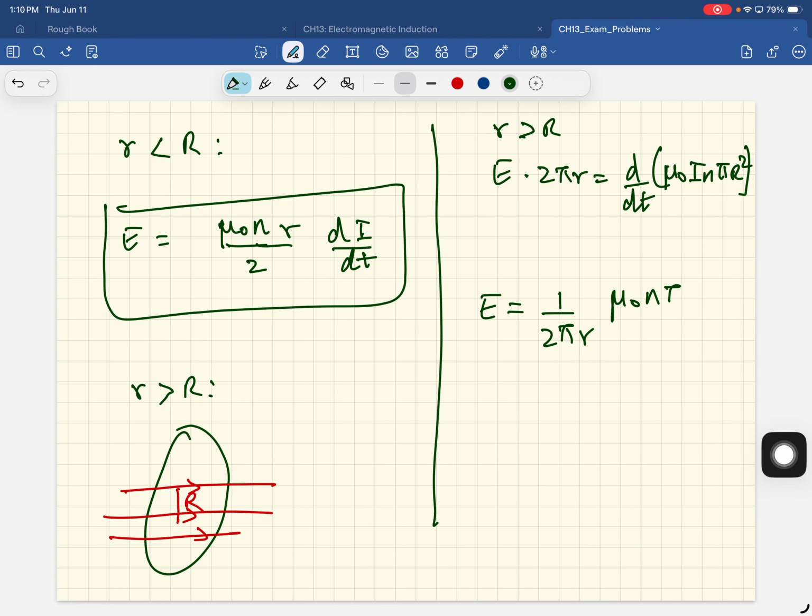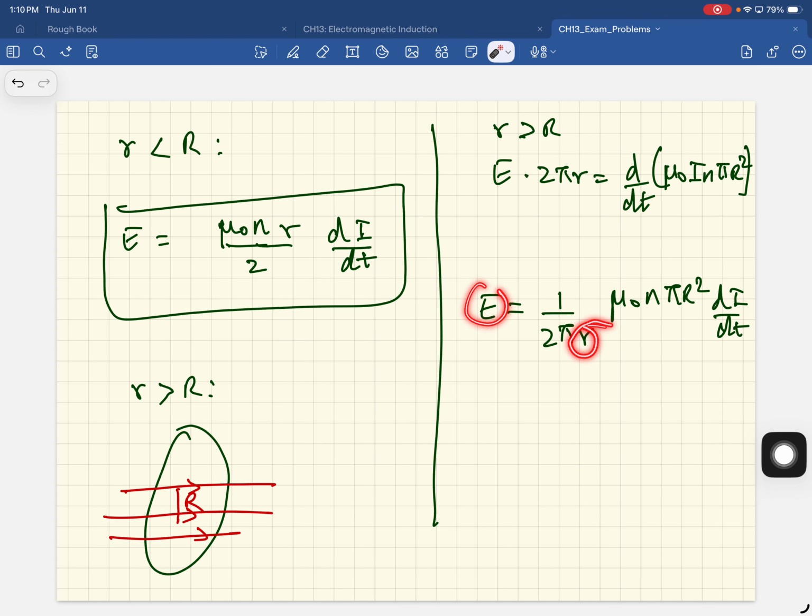So let's say n is 1,000 turns per meter. They haven't given n in the problem, so we are assuming n.